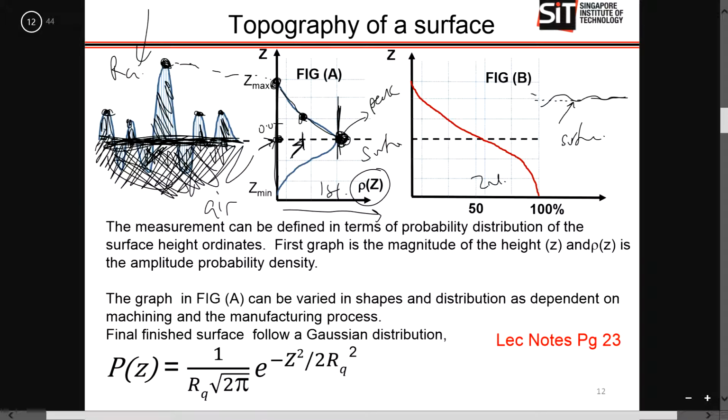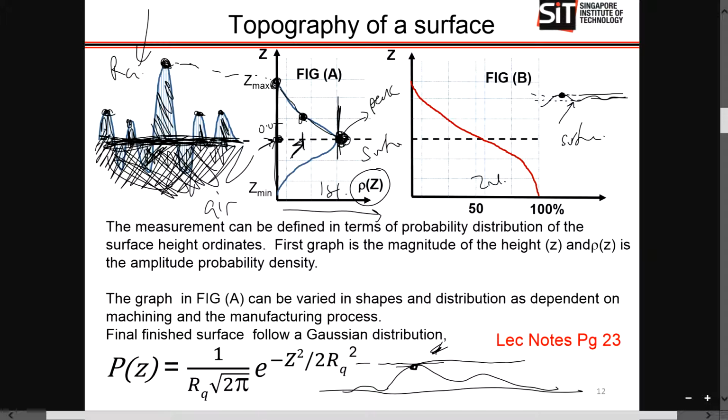You can't determine the surface of material at the peak, because it's only this point that is there, but the rest aren't there, right? You can't say that this line is your average. You should say that this line over here is the average of your material surface.